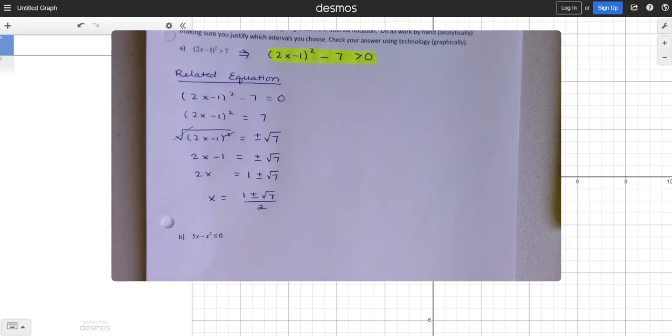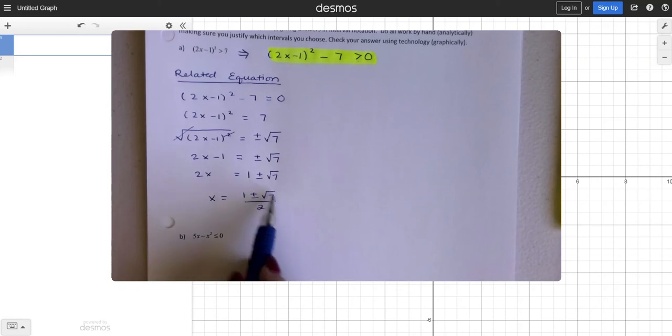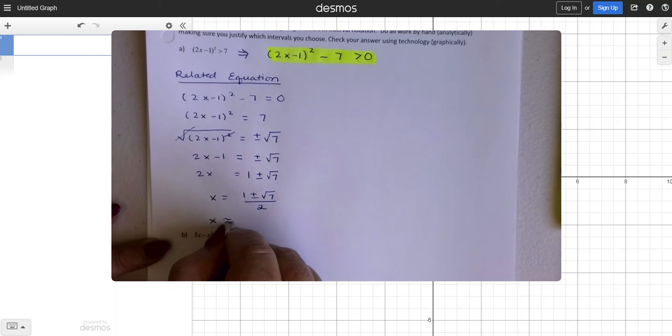Now when I pick my test values, it's probably going to be a lot more convenient if I know the decimal approximations for those. So I'm going to get those right now.